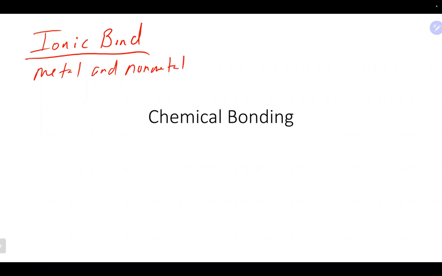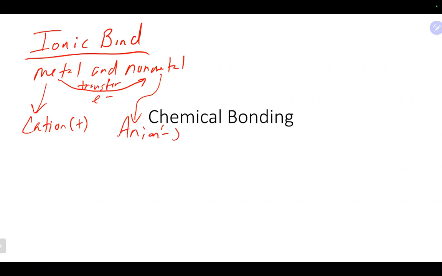And always what happens in an ionic bond is the metal will transfer electrons over to the non-metal. The result of that is the metal will then become positively charged, or a cation. The non-metal will pick up the electron, say thank you, and become an anion, which is negatively charged. And it is the attractive force between those two that actually holds that together.